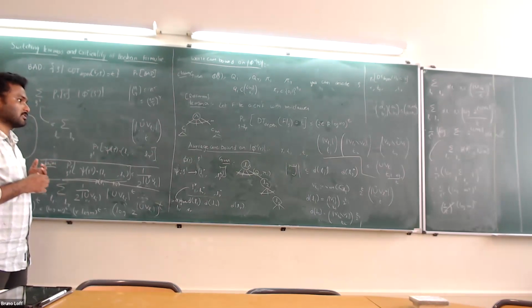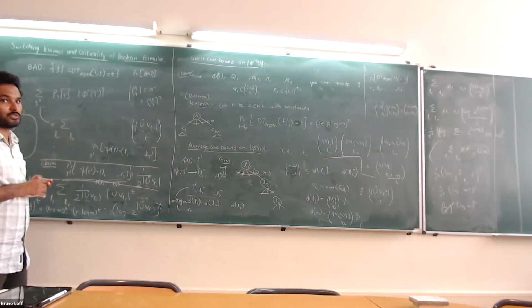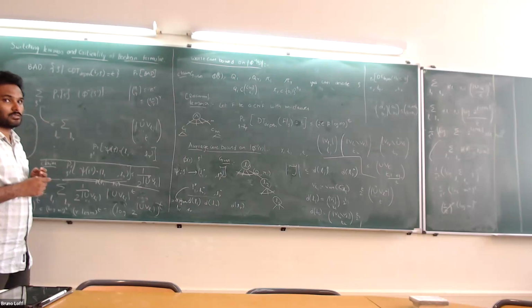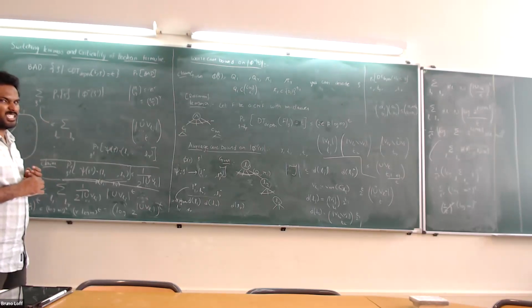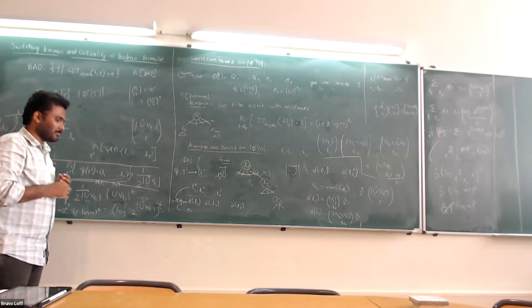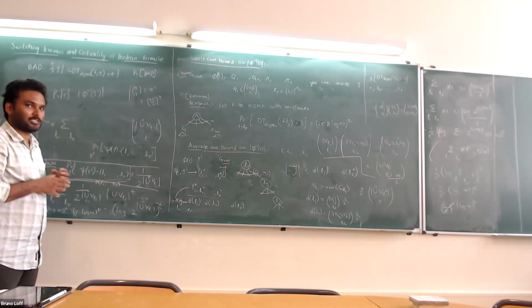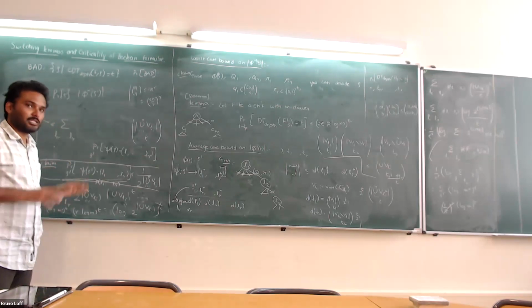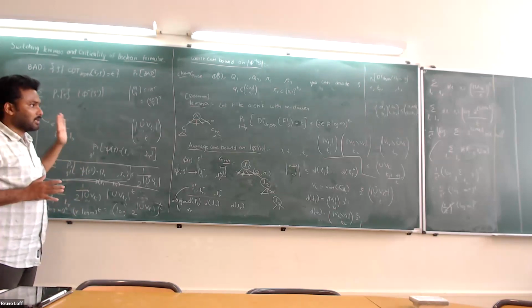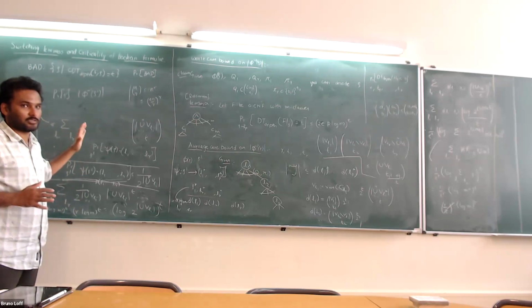Then there was this top-down approach of Rossman in doing formula lower bounds. The title of the paper is something to do with average sensitivity, but it's in ToC 17. This is the worst case lower bound for formulas.